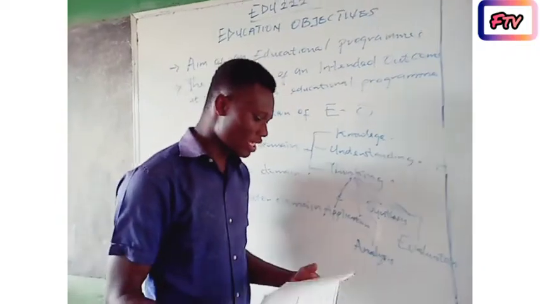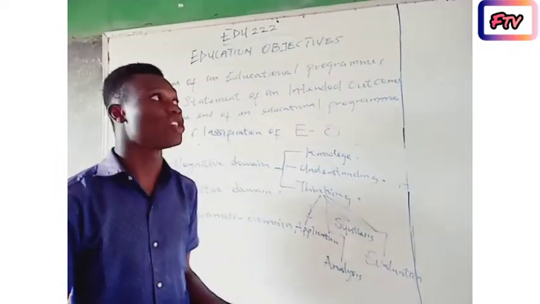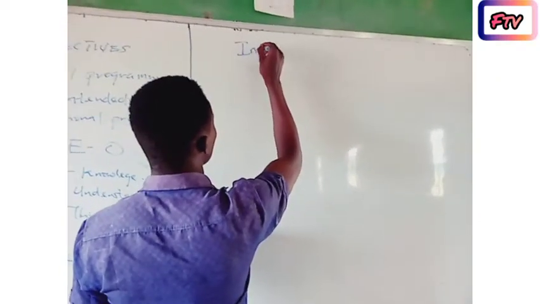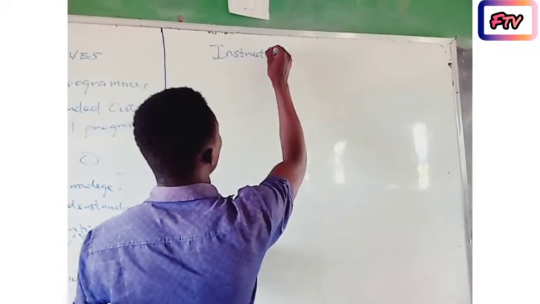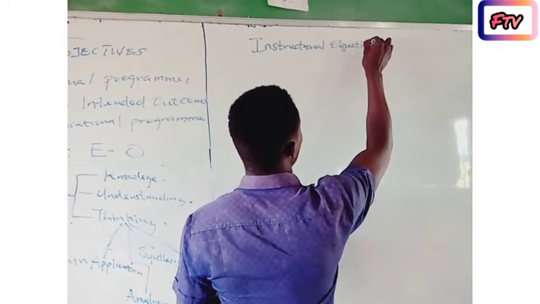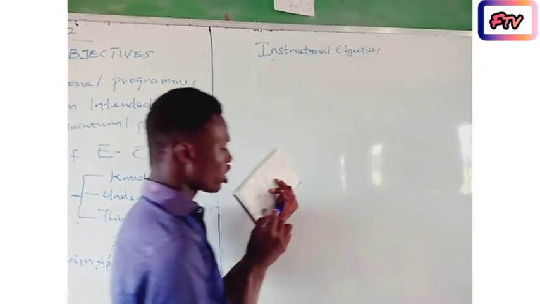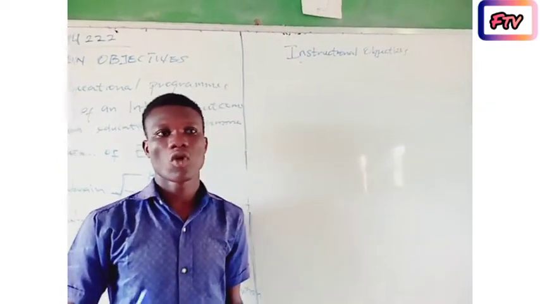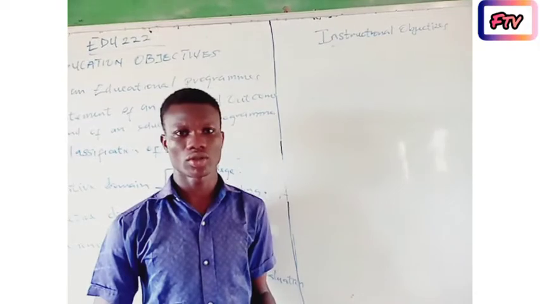Let's move to another subtopic that we have to learn, that is the instructional objectives. Let's quickly rush through that. Instructional objectives. An instructional objective is just, let me say, an intended outcome of a period of instruction.